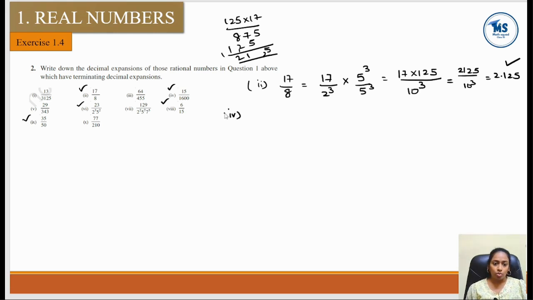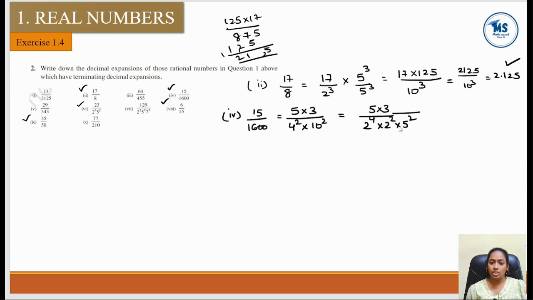Then we will do the fifth question, which is 15 by 1600. I will write this as 5 into 3 by 16, 4 square into 10 square, that is equal to 5 into 3 by 2 power 4 into 2 square into 5 square.